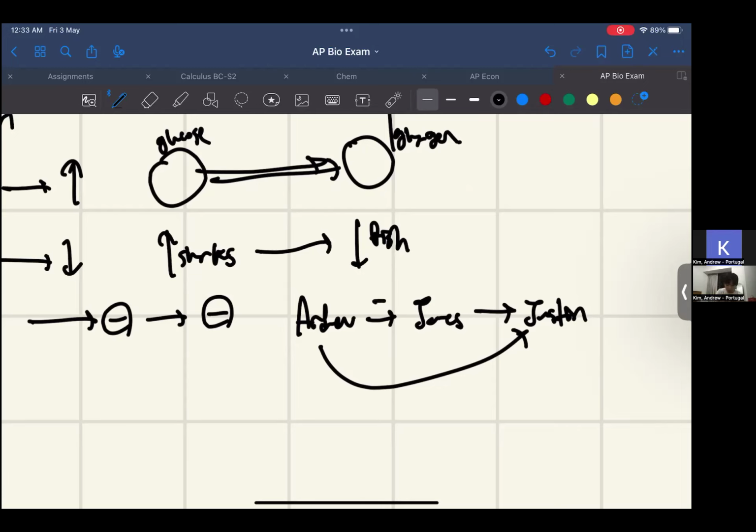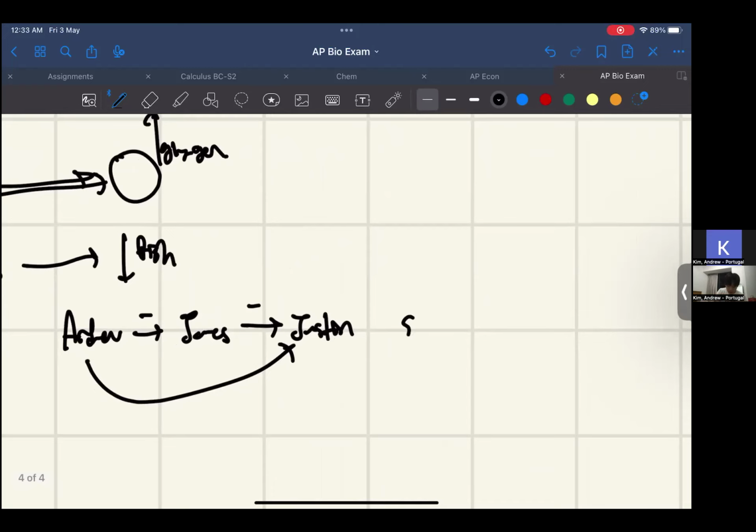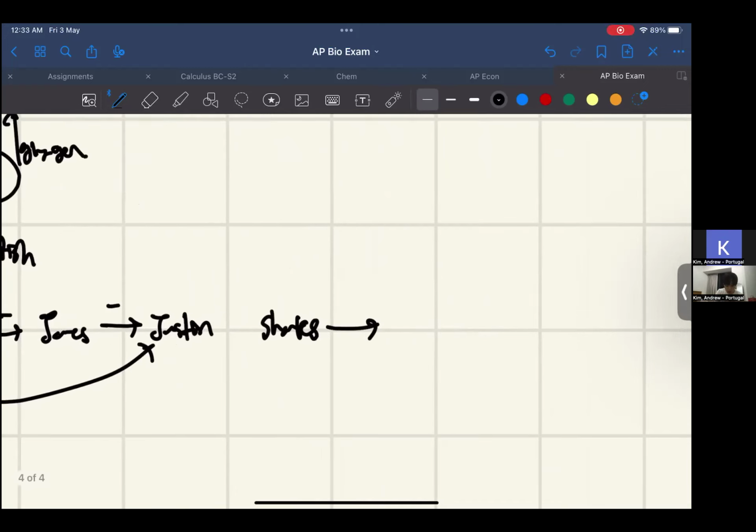So this is double negative. Negative times negative becomes positive, right? So you see how this works. For example, if we have more sharks, we have less fish. But if we have less fish, we'll have more plankton. As a result, if we have more sharks, we will have less fish, so we will have more plankton.